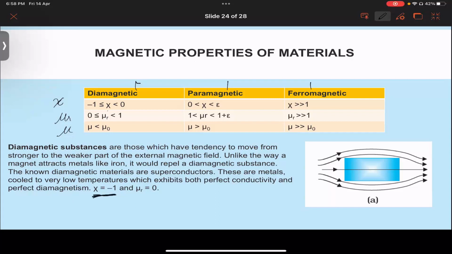Here chi is equal to minus 1 and the relative magnetic permeability is 0, but actually this is for materials like superconductors. Sorry, this is for superconductors, where the magnetic susceptibility is negative and the relative magnetic permeability is 0. They have perfect conductivity and perfect diamagnetism.